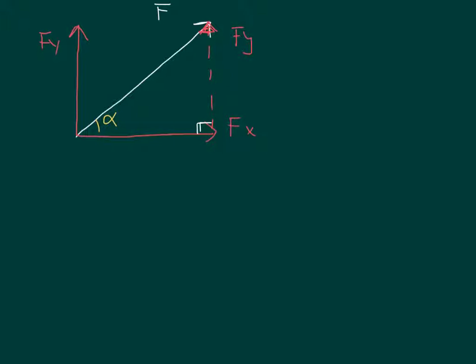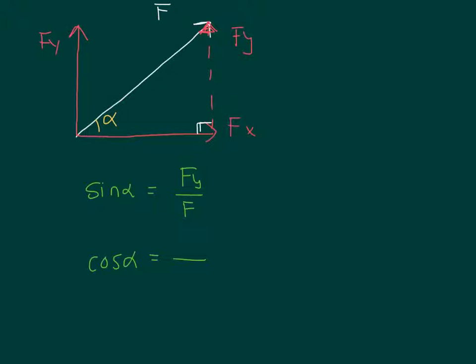Write expressions for sine alpha and cosine alpha from that triangle. For sine alpha, you get the opposite, Fy divided by hypotenuse, like that.